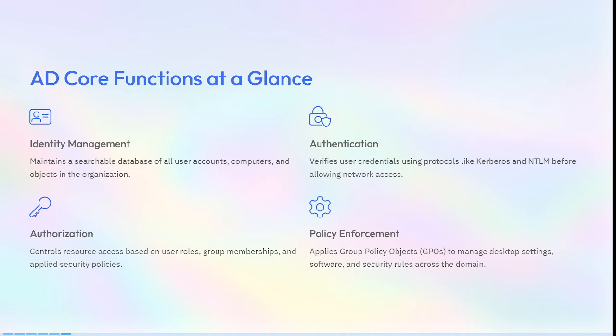Authorization: it controls resource access based on user roles, group memberships and applied security policies. Policy enforcement: it applies group policy objects to manage desktop settings, software and security rules across the domain.